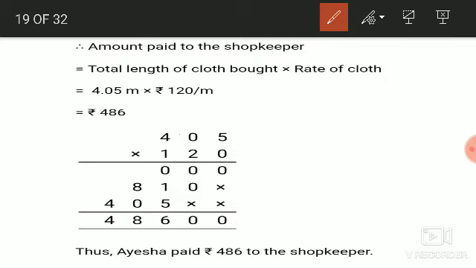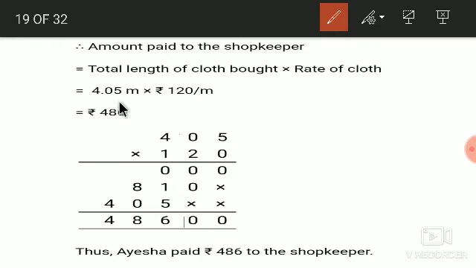Before this, two zeros. So 486 rupees 00 paise. So directly you can write here 486. Place a decimal point here.